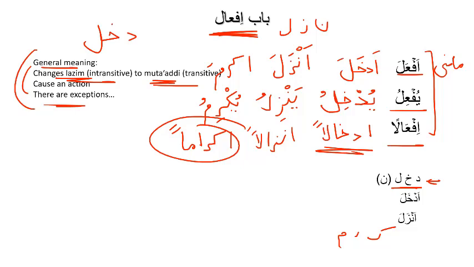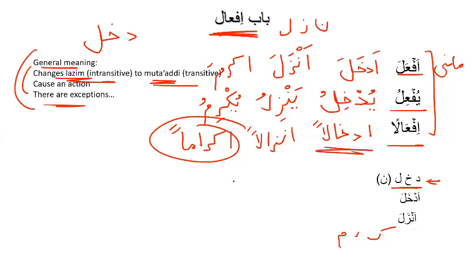The two key points I want you to take away from this: one is the ability to recognize the pattern. So when you see akrama, you need to recognize which bab this is. And you also need to recognize the meaning.